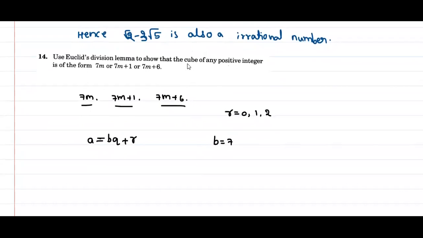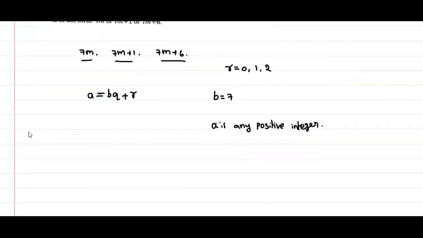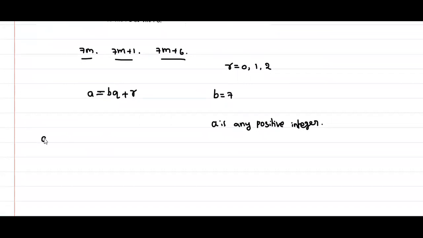And clearly mentioned here, the cube of any positive integer. a is any positive integer. Then take a equals bq plus r and substitute the values of b and r in this.